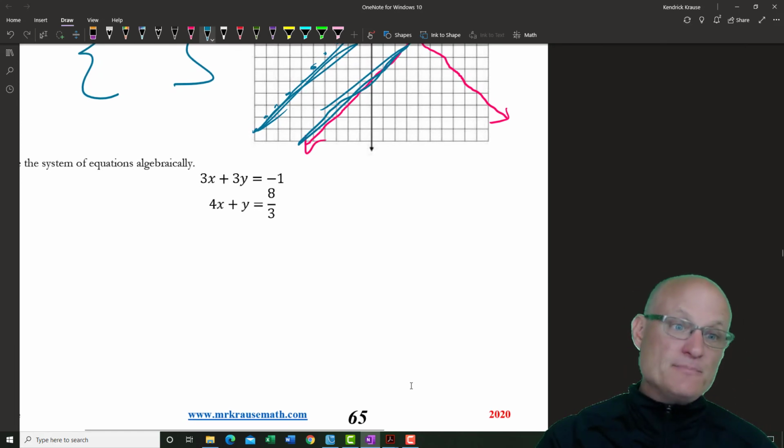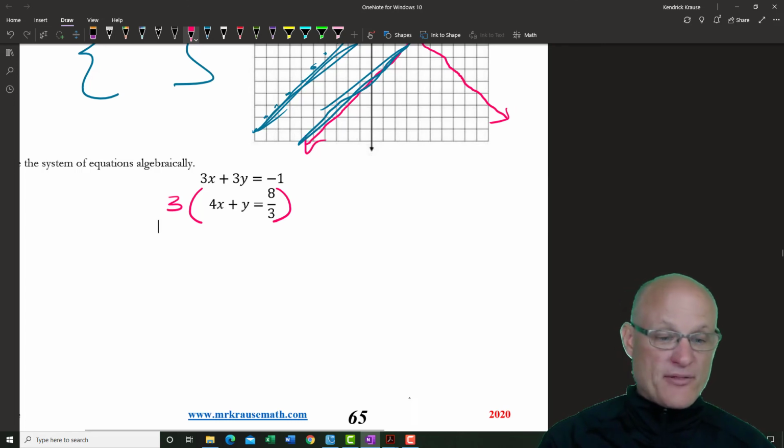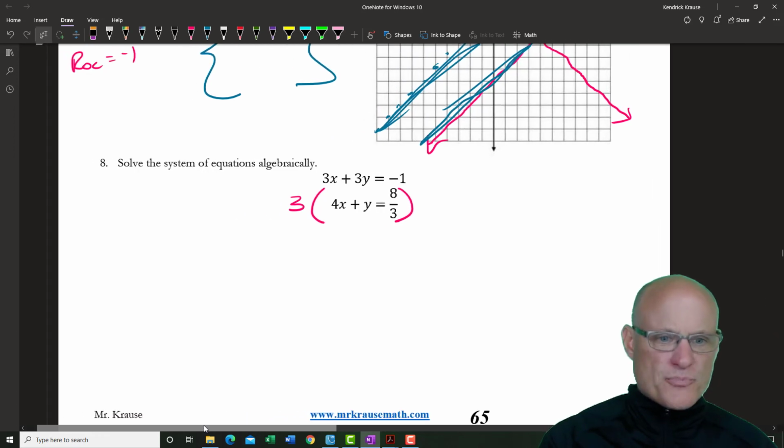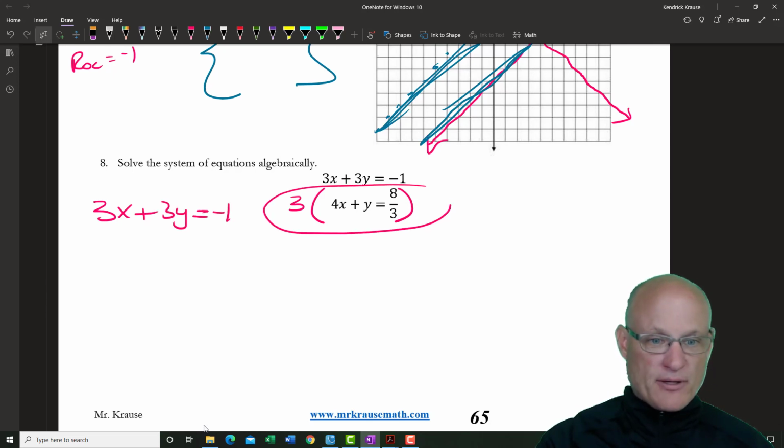Now, I got a problem. I hate fractions. No, I actually don't, but I know you do. So we're going to get rid of this fraction by multiplying through by 3. Now, when we do that, the second equation is going to change. So the first equation stays 3x plus 3y equals -1. But this whole thing is going to get multiplied by 3. You'll see why. 12x plus 3y equals 8.